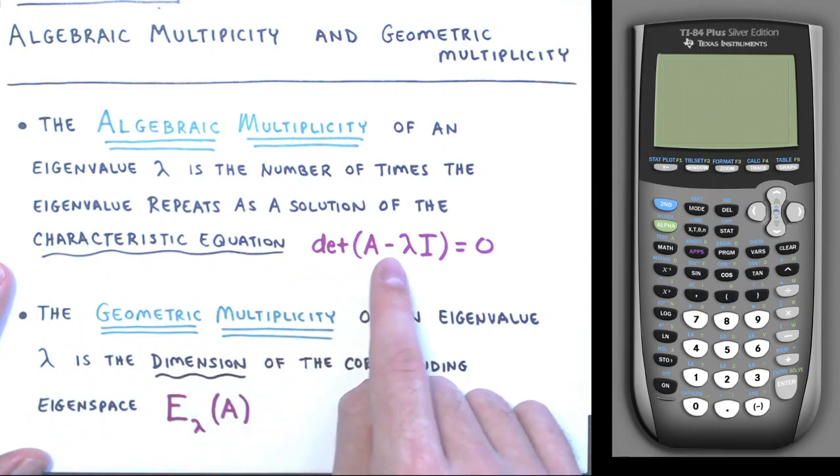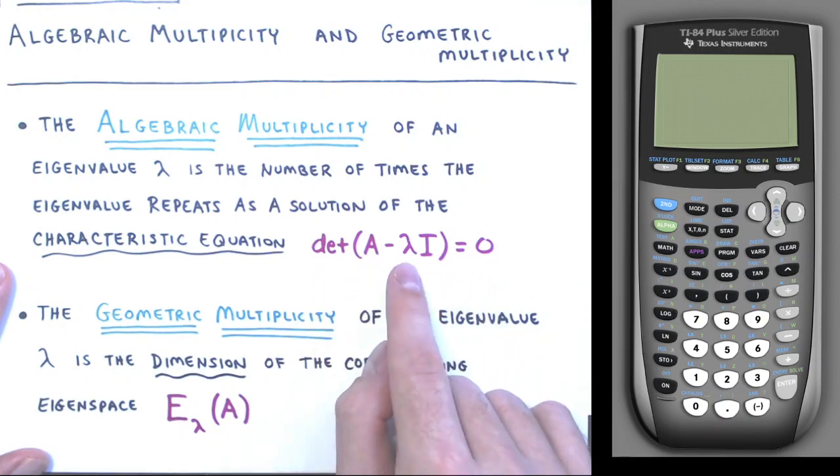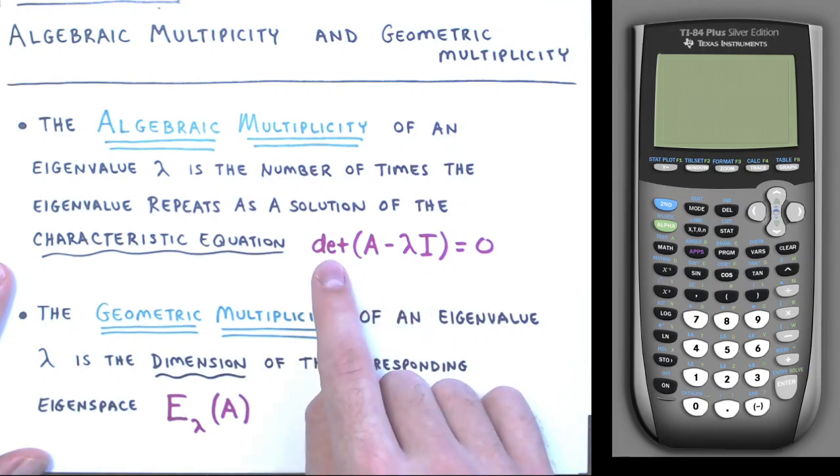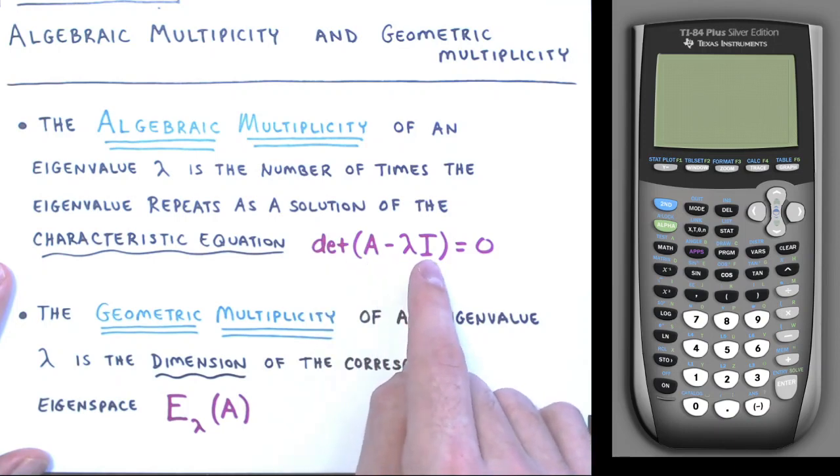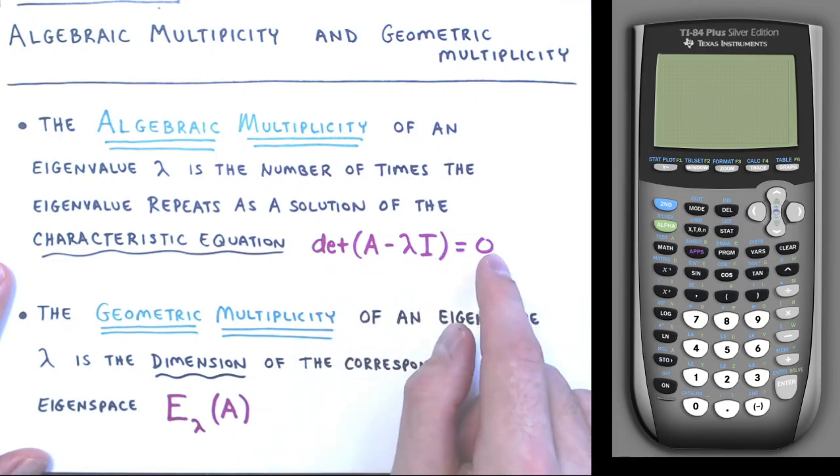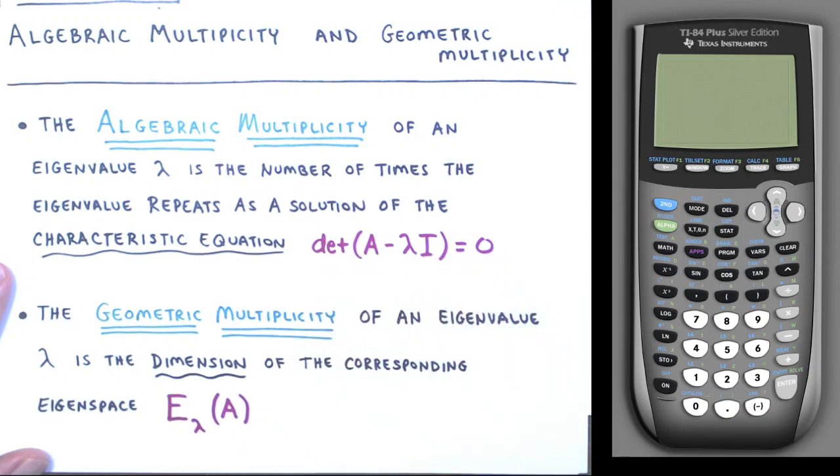And I wrote down what the characteristic equation for a particular matrix A is, and a value lambda. It's the determinant of A minus lambda I. When is that determinant equal to the number 0? And you find out how many times a particular value lambda is a solution.